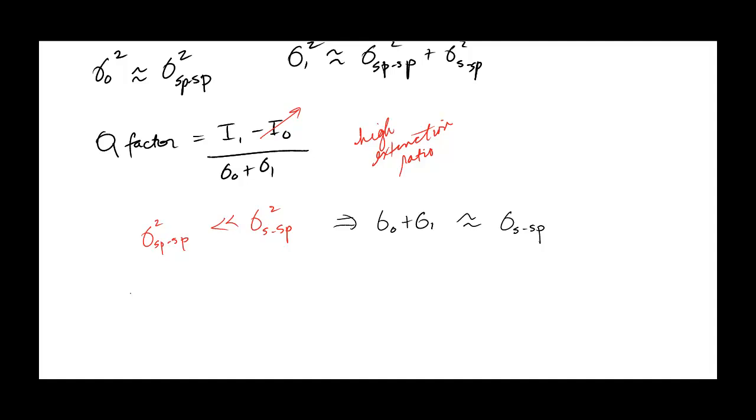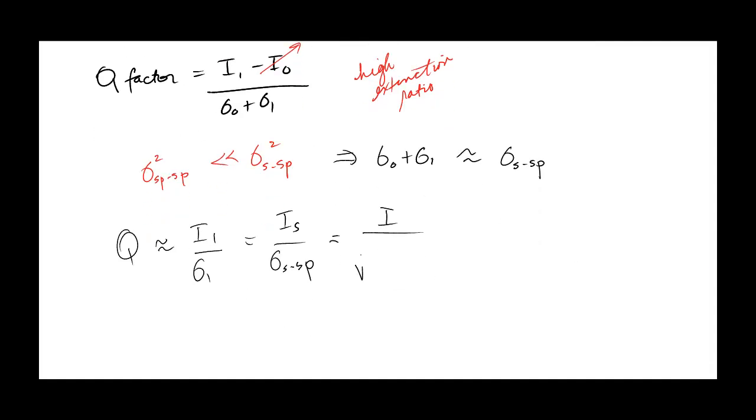With these approximations, we get that the Q factor is approximately equal to I1 over sigma 1, or we'll call that our signal current, divided by the standard deviation of the signal spontaneous contribution. Now we learned in class that this variance of the signal spontaneous contribution is given by 4 times the signal current and the ASE current divided by the optical bandwidth multiplied by the electrical bandwidth.